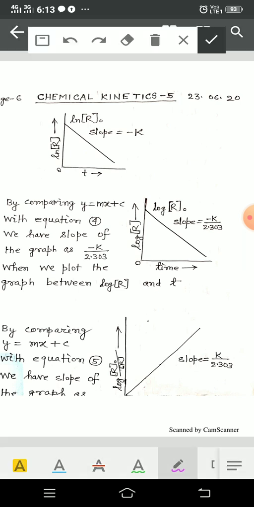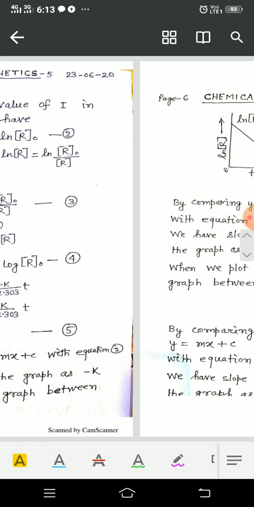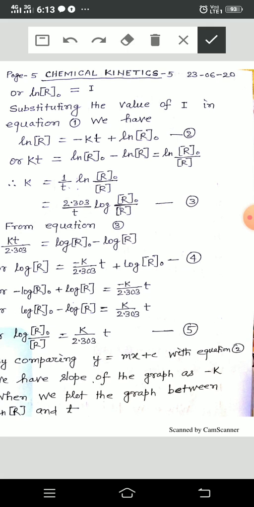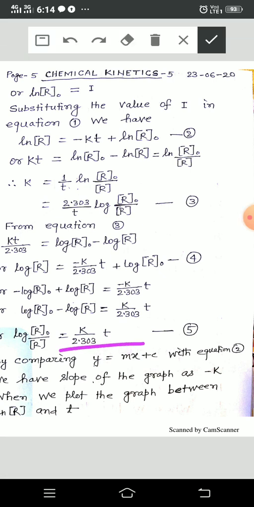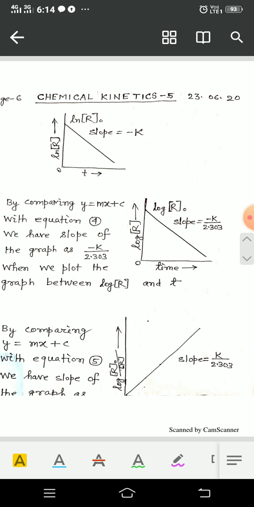This is m, k by 2.303, equation 5. In this way, this is about the graphs of different forms of the integrated rate equation of a first order reaction.